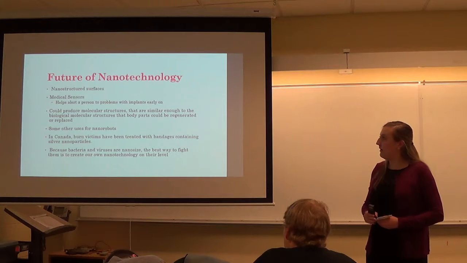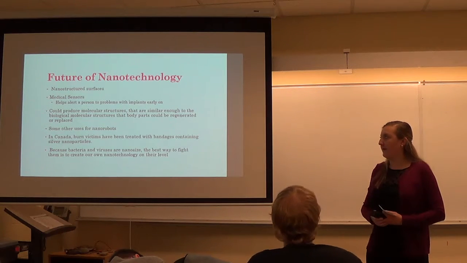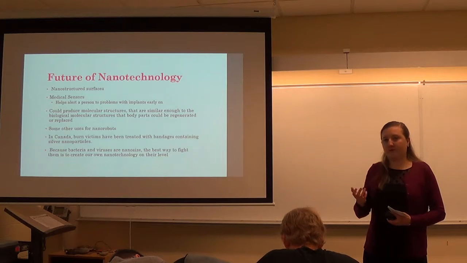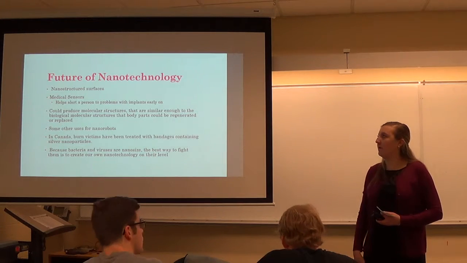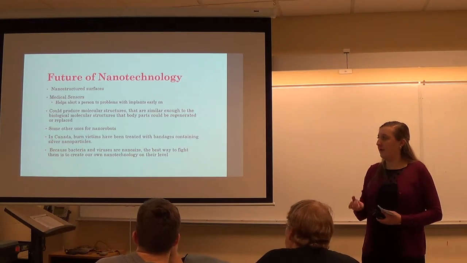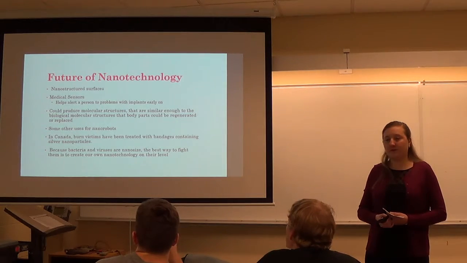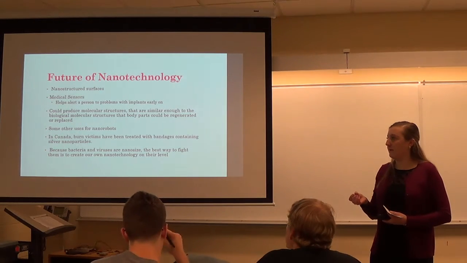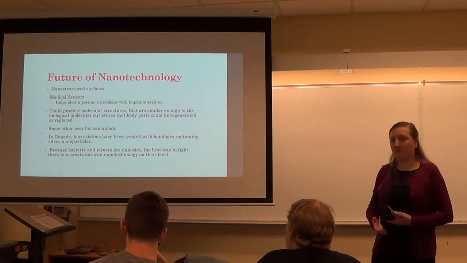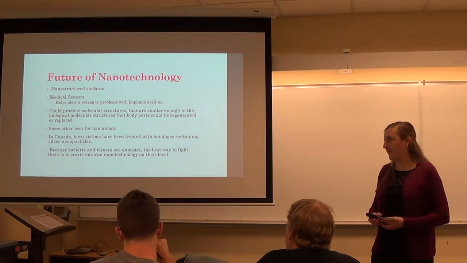Okay. So some nanostructured surfaces. You can attach them to artificial joints, and it attracts bone cells, so it'll help the artificial joints grow quicker than if you hadn't put anything on there.